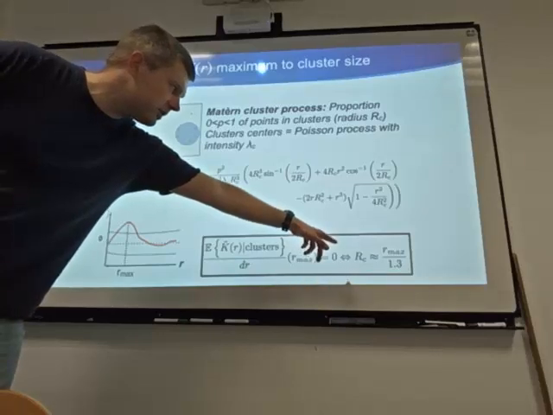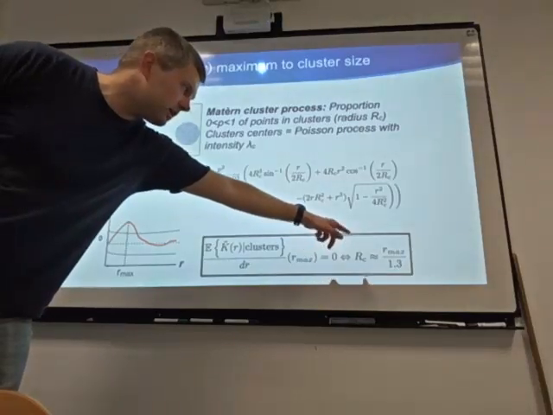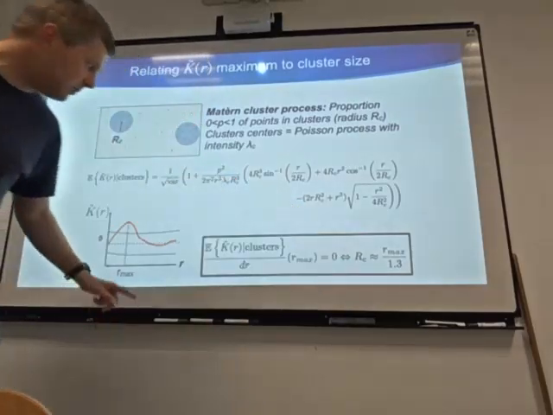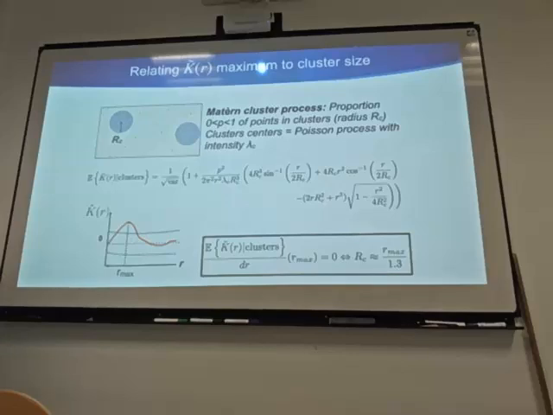And if you invert this, a numerical inversion gives you that the radius RC is approximately R max divided by 1.3. This is just an example to show that even if you have a global description of your point process, with some parametric modeling and fitting, you can have access to some characterization of the clusters.